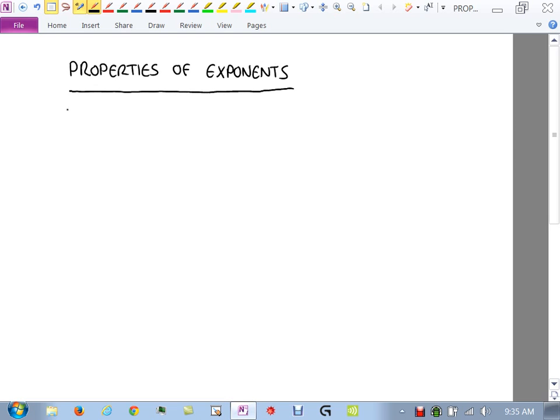All right, so we have what are called the properties of exponents. And here's the first property we're going to talk about.